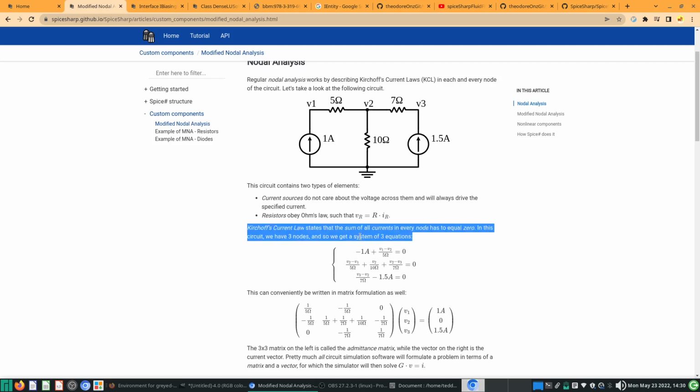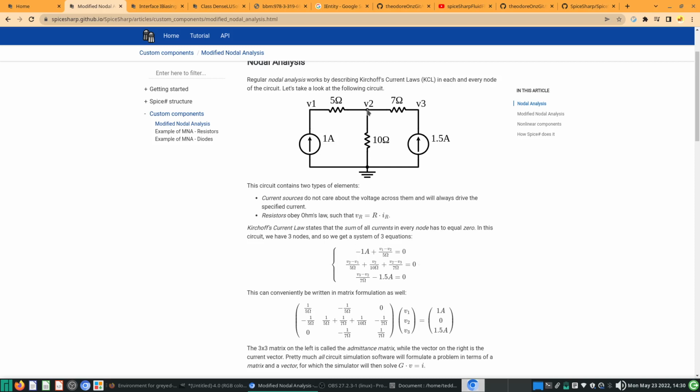So this is the node for V1 right here. You take this node V1 as the so-called reference point. In comes 1 ampere, out goes V1 minus V2 over 5 ohms. That is by Ohm's law, I equals V over R.